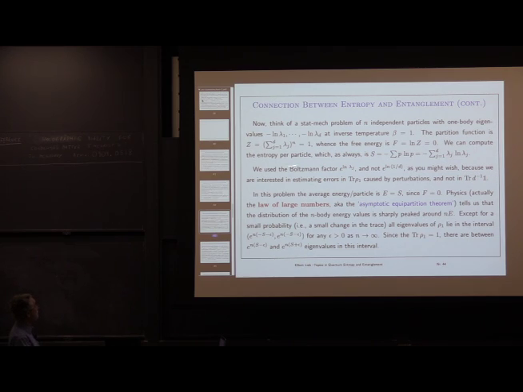And we can compute the entropy per particle, which is always minus the sum p log p, which is minus sum lambda log lambda. Now, we used the Boltzmann factor to do this computation as e to the minus the energy, namely e to the log lambda, which sums up to 1. And we did not use e to the log 1 over d as you might wish. You see, you might say, I'm picking these d numbers at random, so the basic probability is equal for each of the numbers.